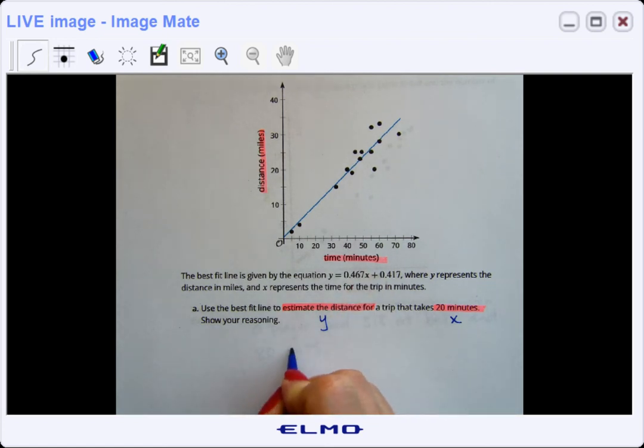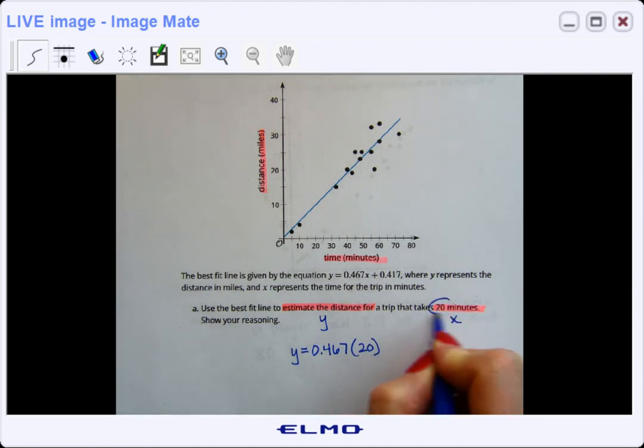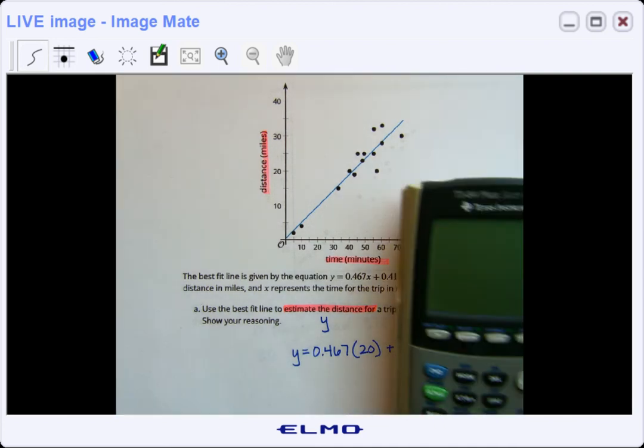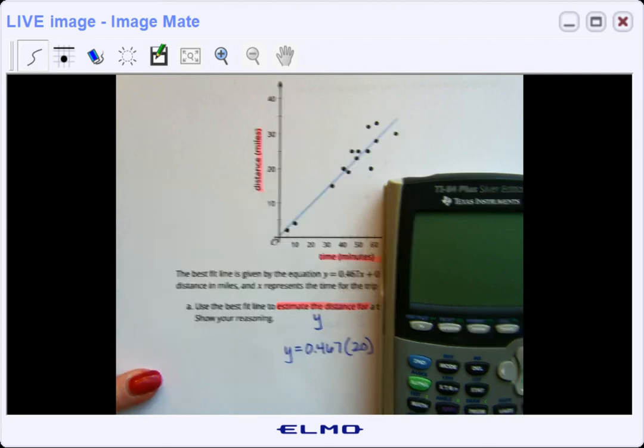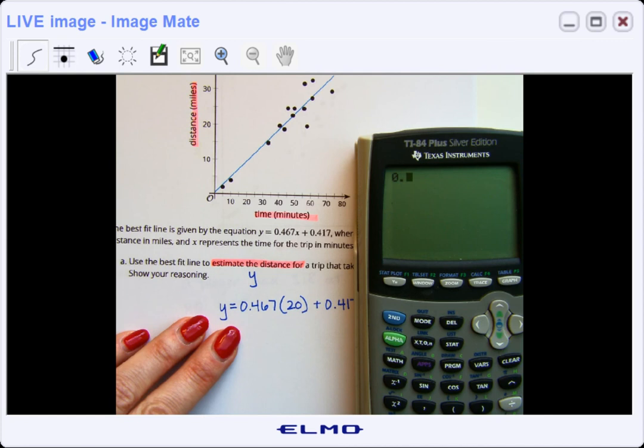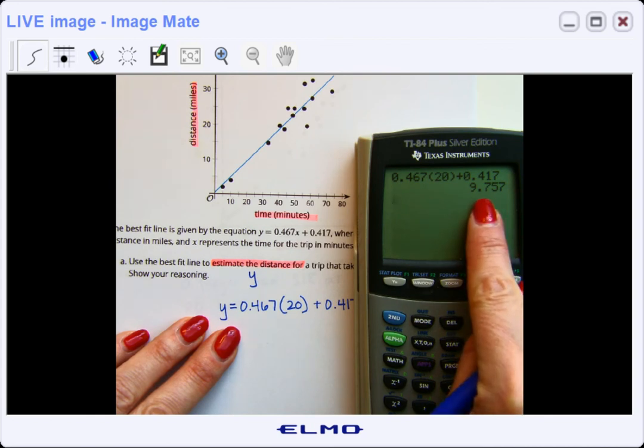So y equals 0.467 times 20 plus 0.417. So I'm going to put that into my calculator. 0.467 times 20 plus 0.417 is, I would round that to 9.8.